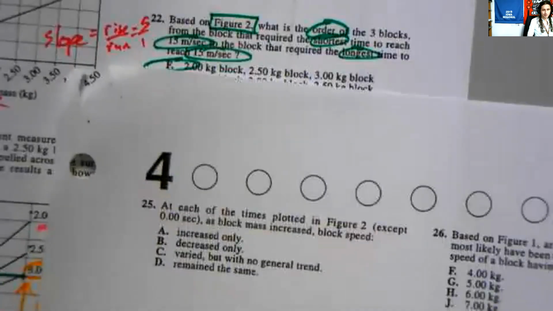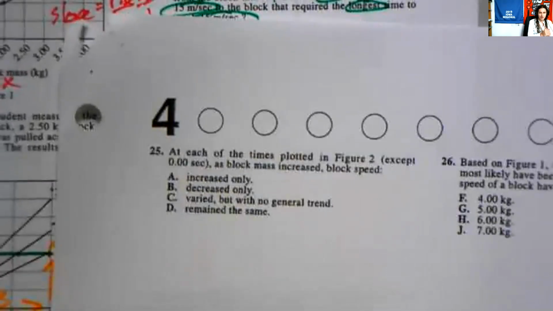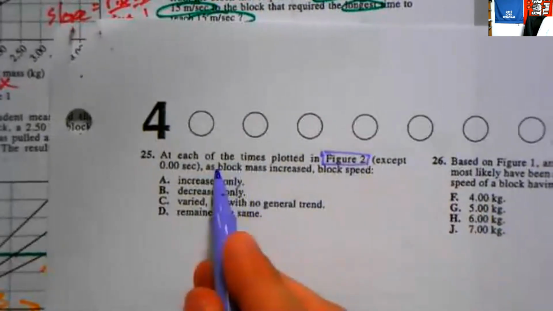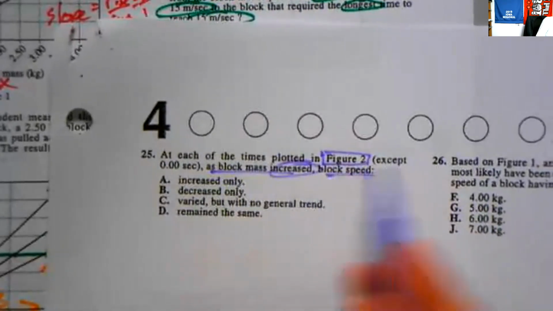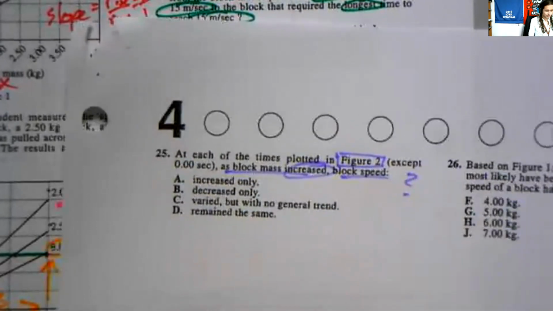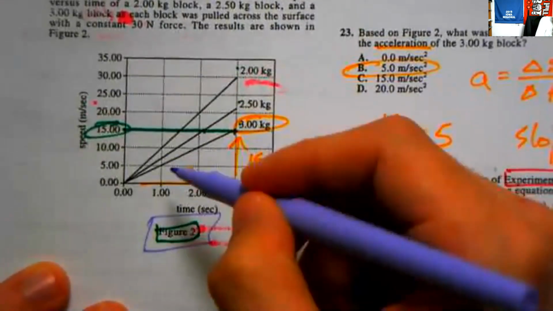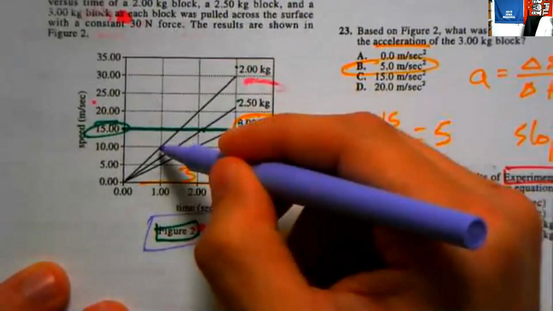Okay. So 2 questions left, and then you're off to the races. At each of the times plotted in figure 2, except 0, as block mass increased, what did the block speed do? Let's look at figure 2. Down here. At each of the times, as block mass increased, what did the speed do?